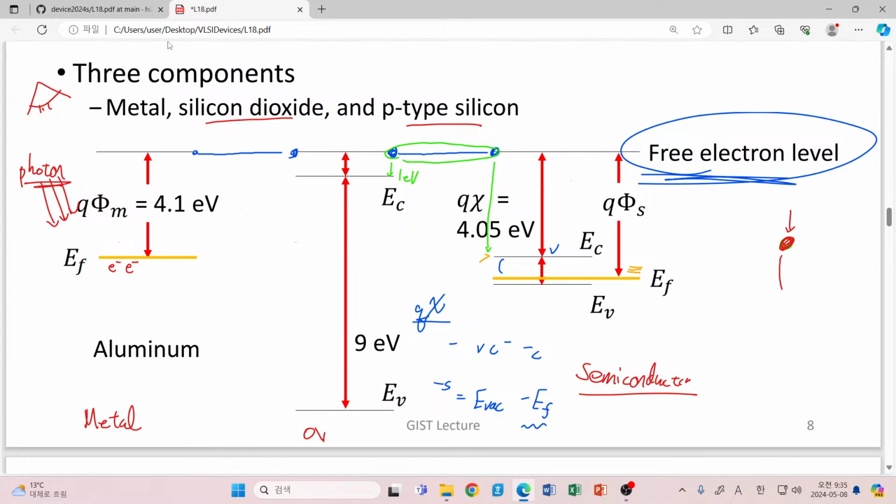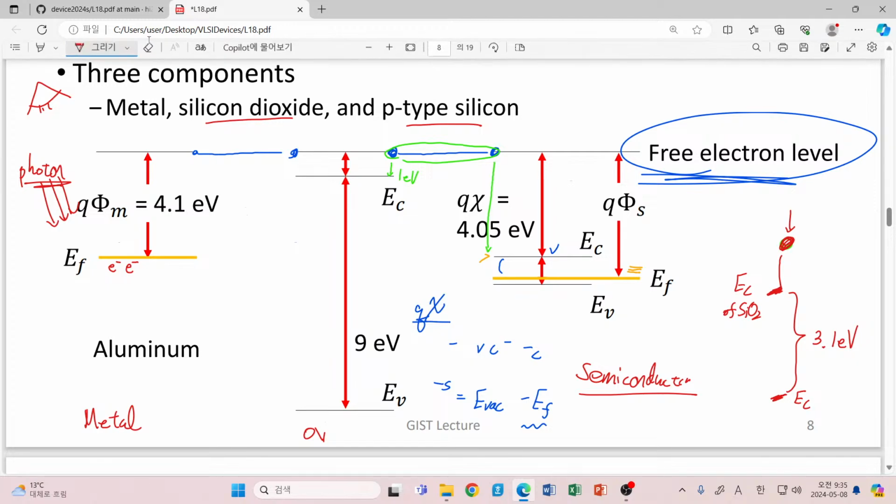Then here we have a certain energy level corresponding to EC of silicon dioxide, and at the same point we will have a certain energy level far below that. How far below? Approximately 3.1 electron volt below this level, we will have the conduction band level of silicon dioxide.